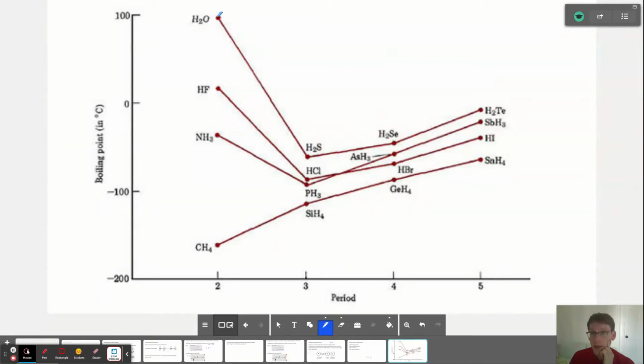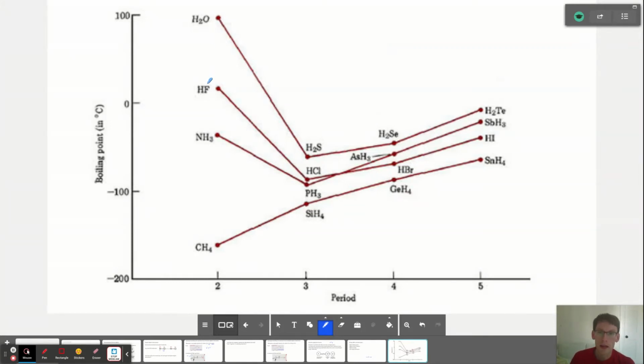It has the weakest dispersion forces because it has such a small electron cloud, but it has hydrogen bonding. The O to H bond is so polar that it creates a really, really strong intermolecular force between the hydrogen of one water molecule and the oxygen of the next. And that's why water has the highest boiling point of all of the hydrogen group 6 ides.